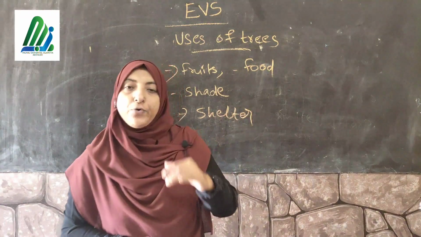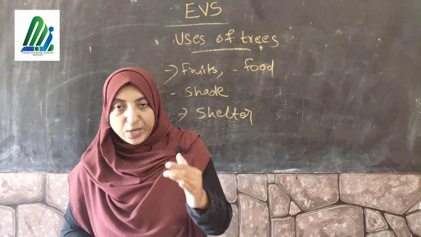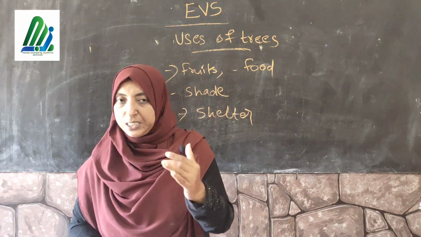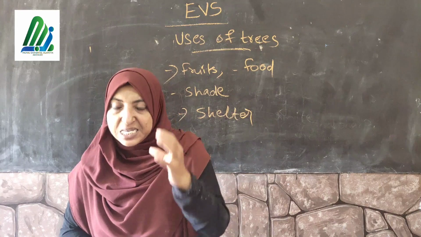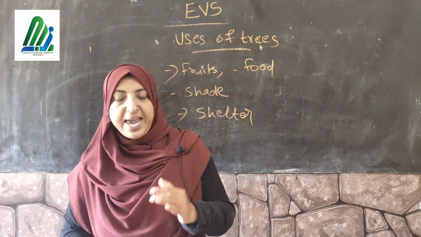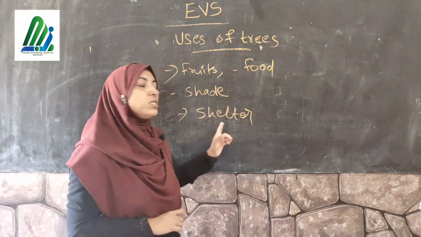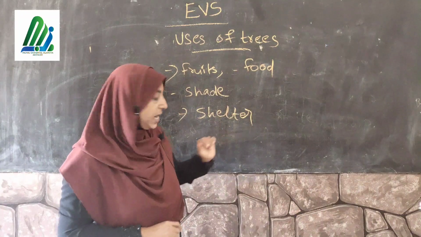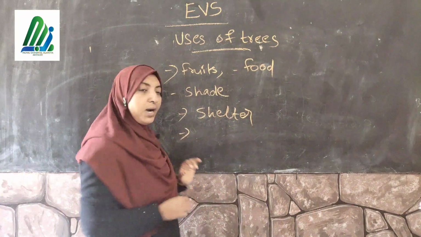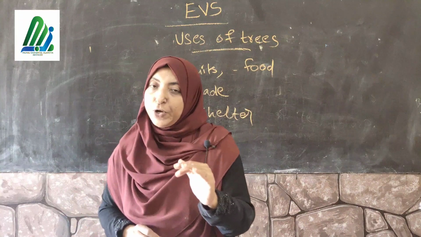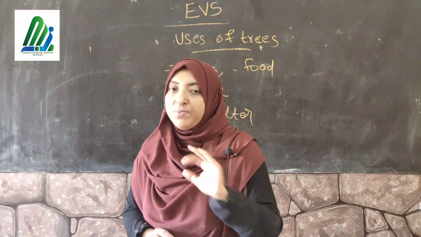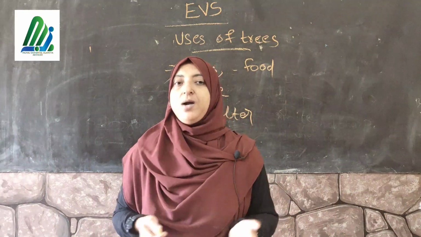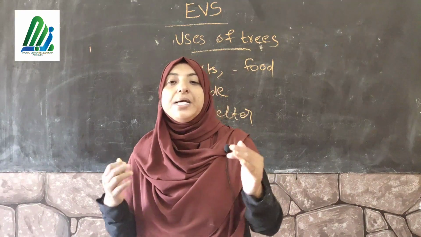It gives shelter for many small creatures because you can see the nests of different types of birds. A very common bird, the crow, makes its nest on big trees. So we can say trees give shelter. The next one, now it is rainy season, you know that. We get rainfall because of the presence of trees. If there is no tree, our earth will change into a desert area.